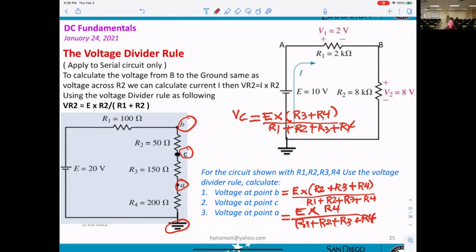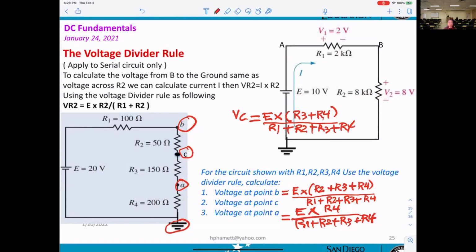Now, if they say I want to measure VR2, then the high side of the meter connects to B, and the low side connects to C, across R2. You can see there's a big difference.